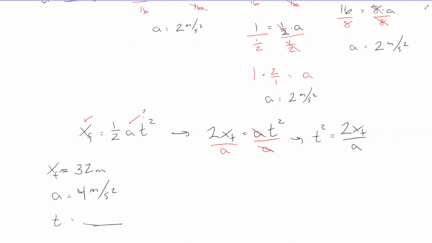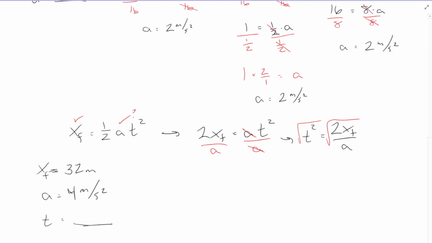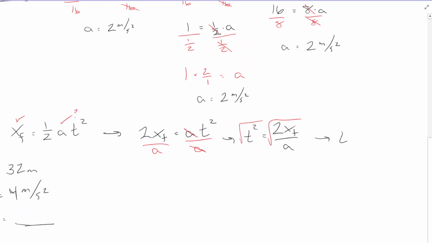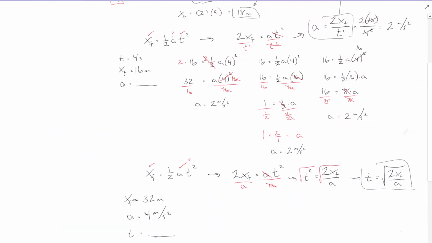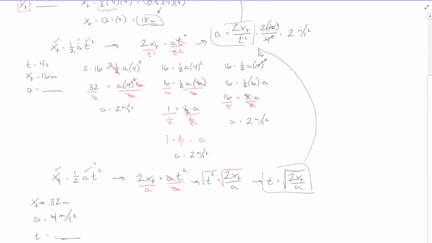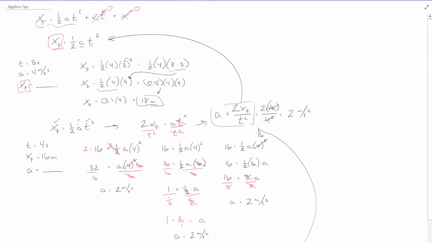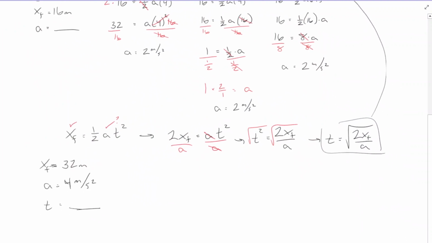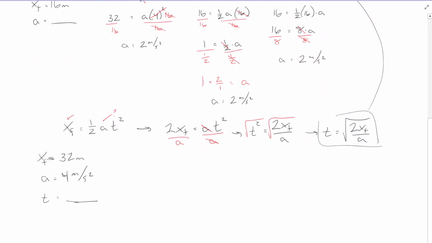To solve for t squared, I take the square root of both sides, and I get an equation for t. t is equal to the square root of 2 x final over a. This equation is the same as our original equation. It has just been rearranged to solve for the variable t that we don't know.